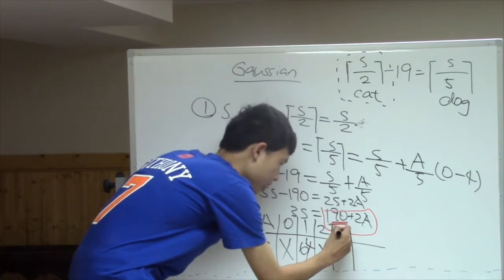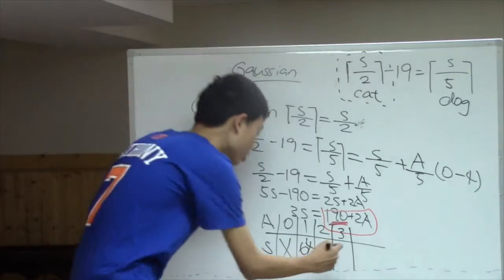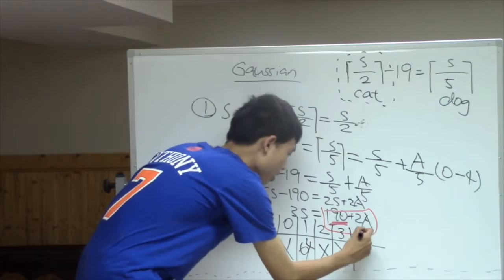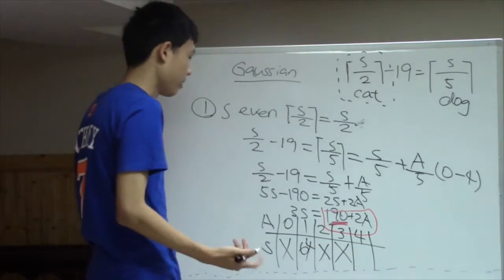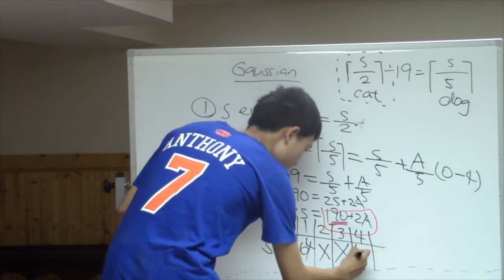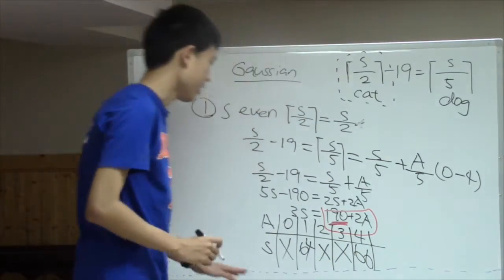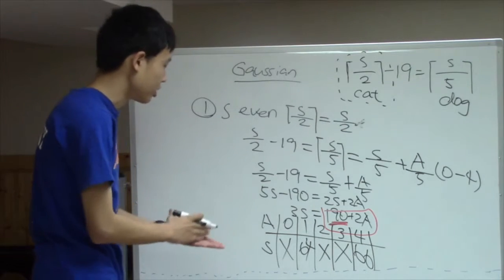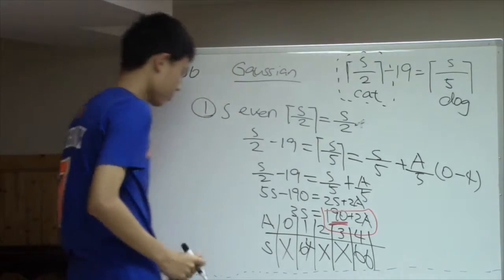A is 3, 196, still not an integer. A is 4, 198, it works. Divided by 3, we get 66. So for our first case, we have 2 answers, 64 and 66.